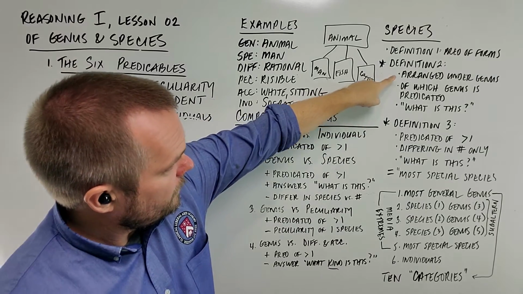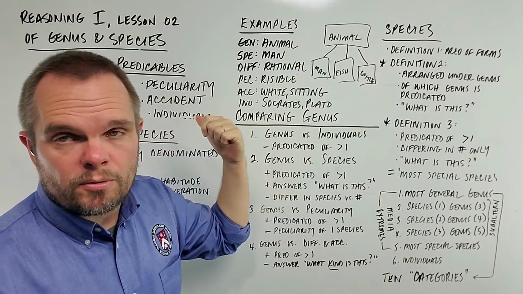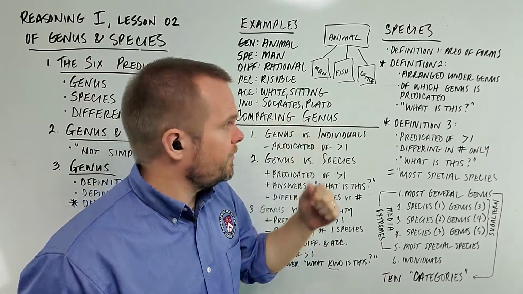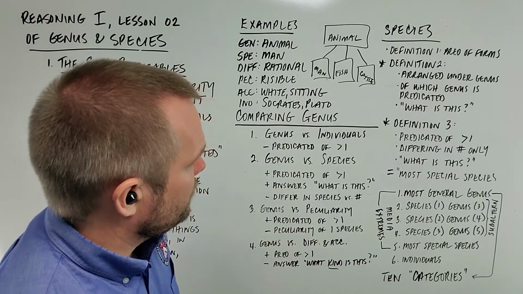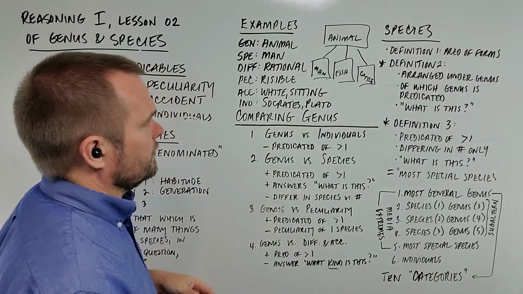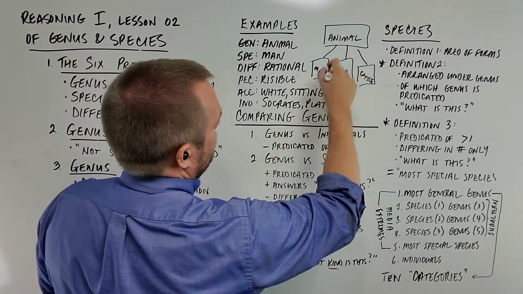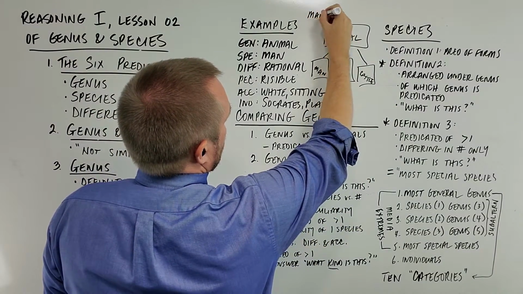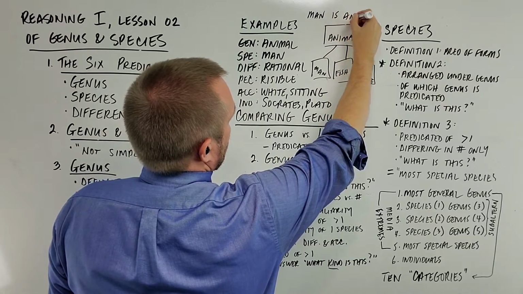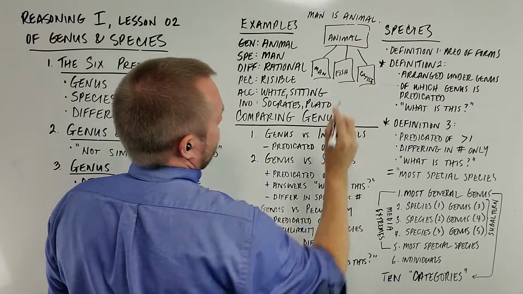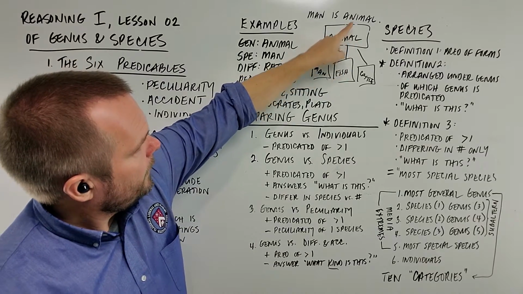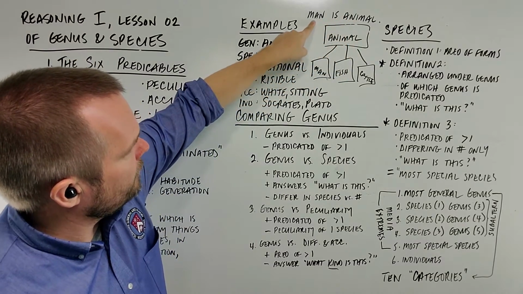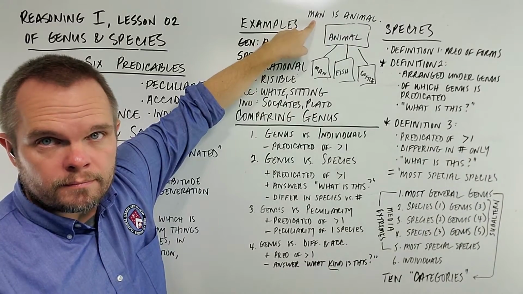So that's good. That seems to agree with what we've been looking at so far. Second, it's something of which genus is predicated. That's true too. Watch. Man is animal. Animal is the genus. Animal is predicated of man. So this is true.